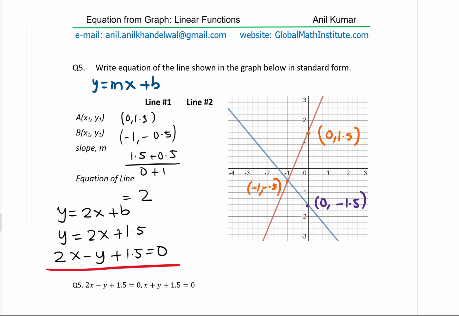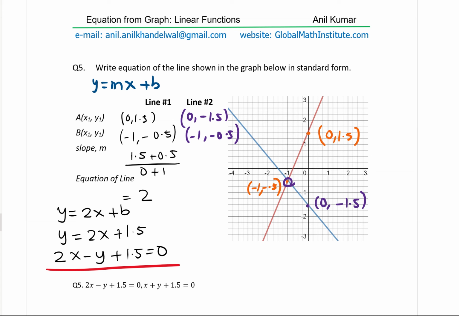So that becomes the y-intercept, and another point is the one we took common with this. So here we'll use the second point same as we used there. So we have a point which is 0, minus 1.5, that is also the y-intercept, and we are using the same point minus 1, minus 0.5.